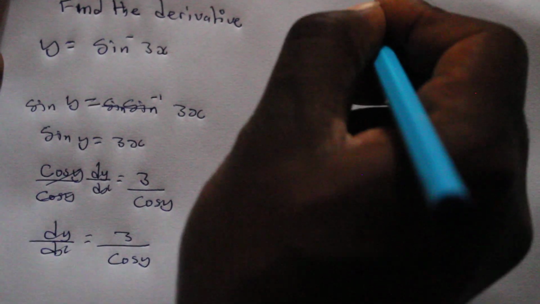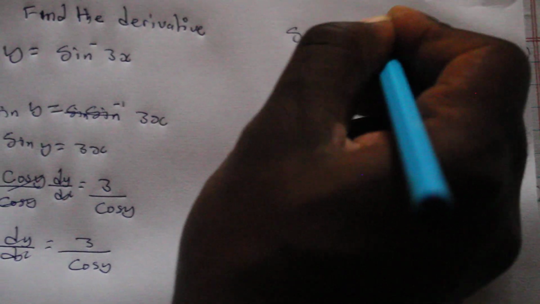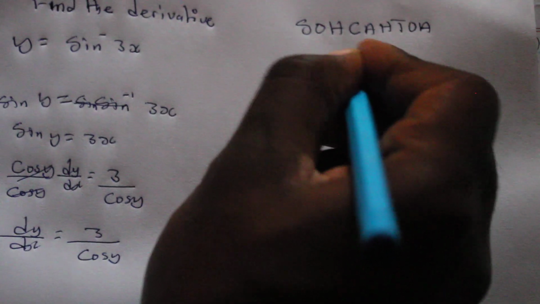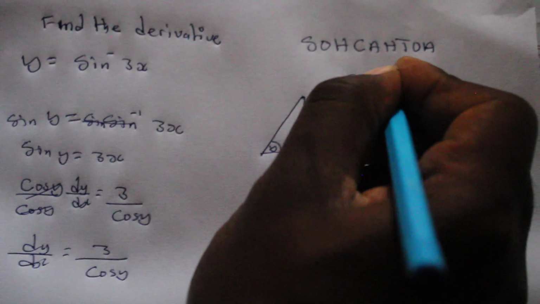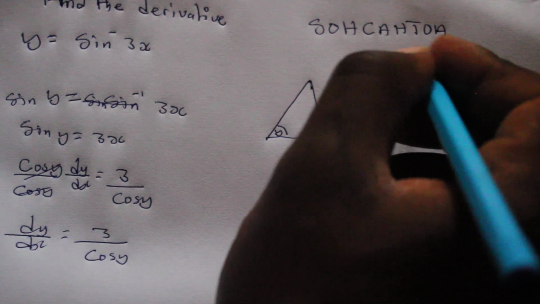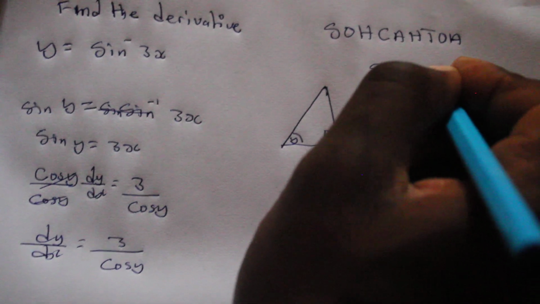So we know SOHCAHTOA, that sine theta is opposite over hypotenuse.